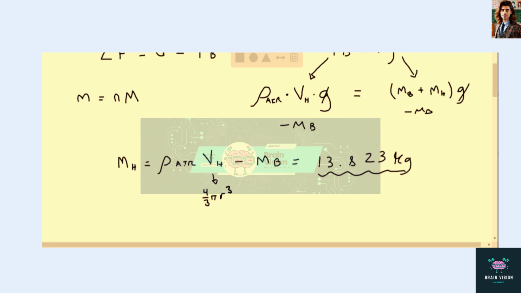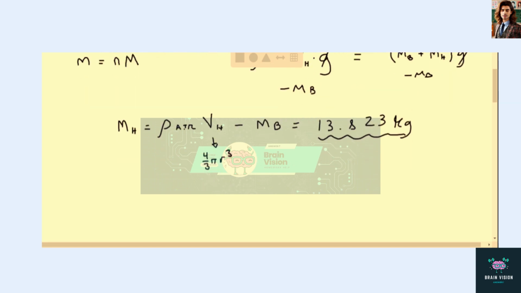And now, to get the number of moles, we just take this equation over here, divide both sides by the molar mass, and see that the number of moles is just the mass over the molar mass of helium.